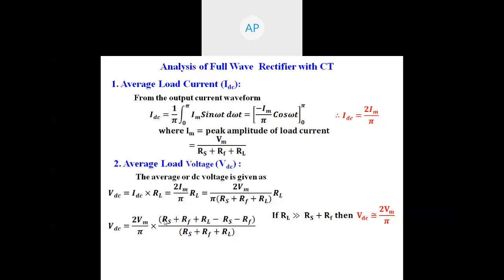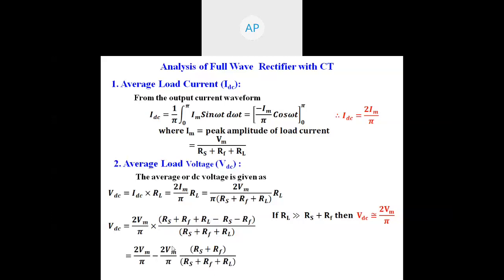Yes. If we resolve this expression, Rs plus Rf plus RL will be cancelled by distributing, and minus Rs plus Rf divided by Rs plus Rf plus RL will be left. So if you distribute this function, you will have 2 Vm divided by pi minus 2 Vm divided by pi into Rs plus Rf, divided by Rs plus Rf plus RL.